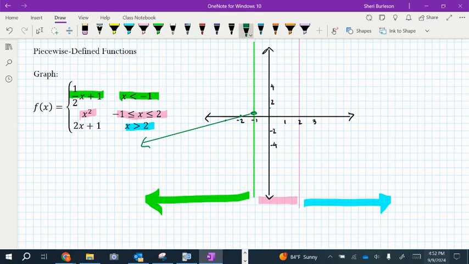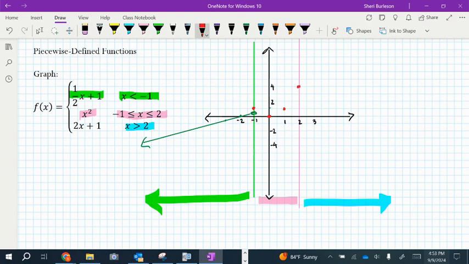And both of these are filled in circles on each side because what I see is less than or equal to, or greater than or equal to. So now I'm going to be graphing the x squared function. -1 squared is 1. 0 squared is 0. 1 squared is 1. And 2 squared is 4.